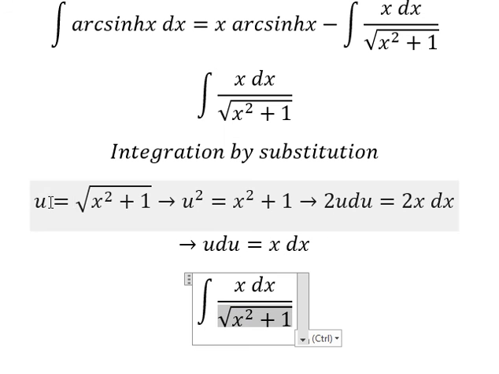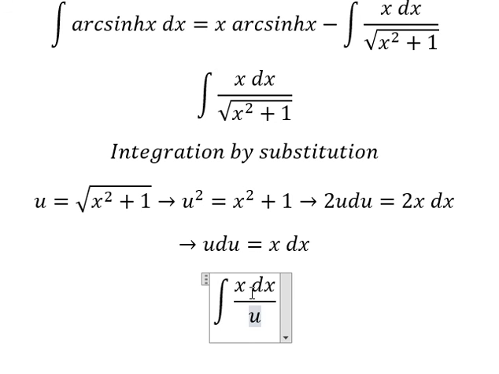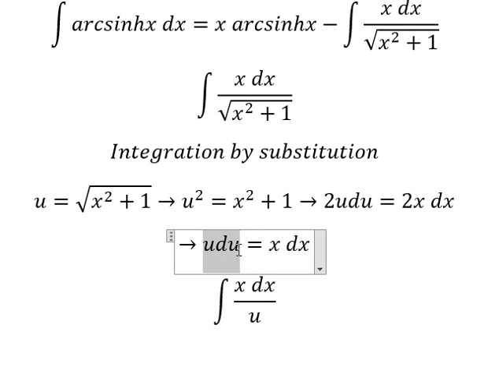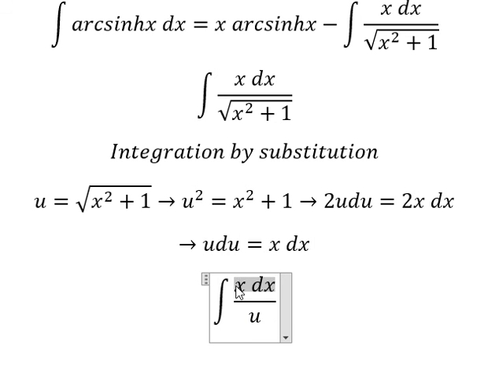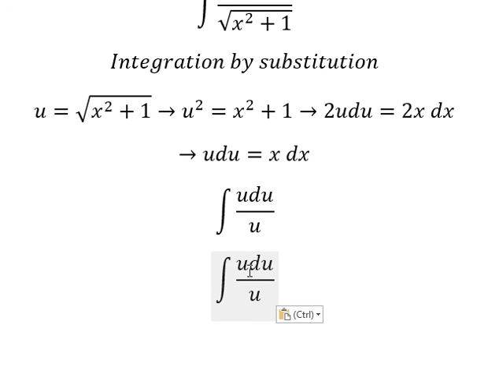So this one we change by u. x dx we change by this one. So u divided by u, you get number 1.